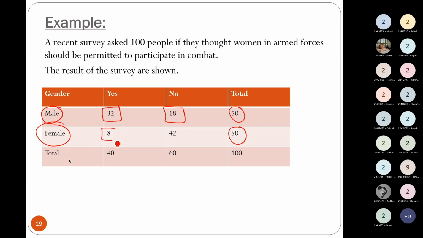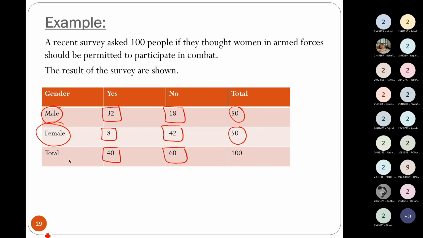Females: yes 8, no 48. The total of all yes equals 40, all no equals 60, and all students equal 100.